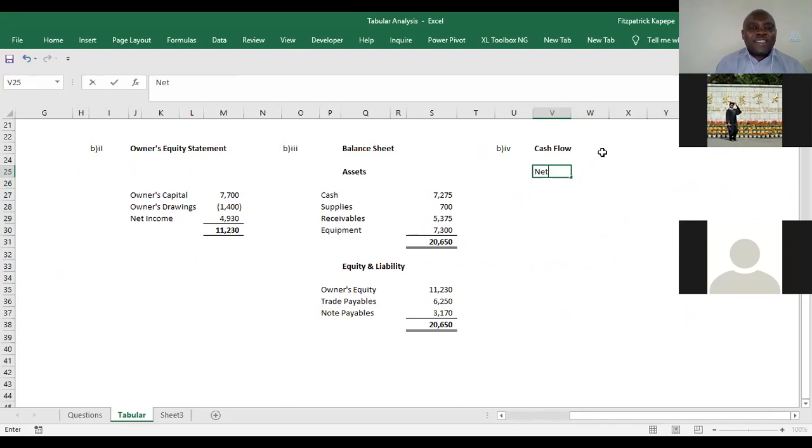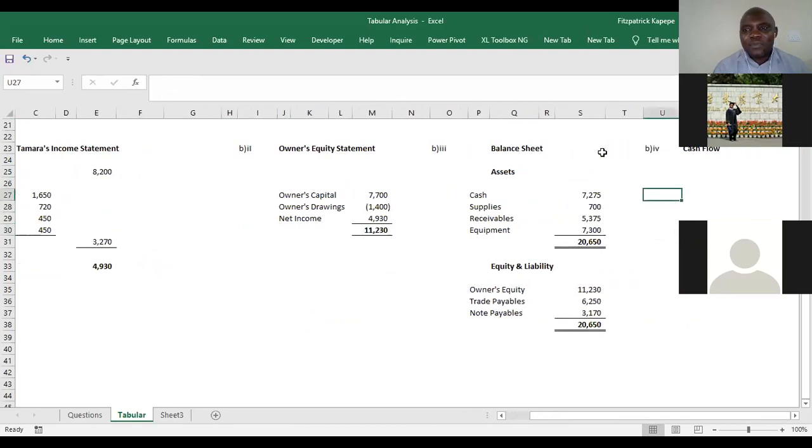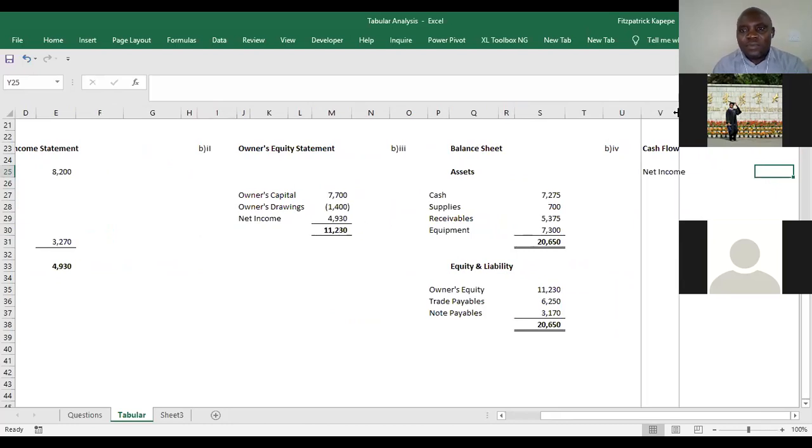So in this case, under the cash flow statement, if you check this side, you can say net income. So you can bring in your net income.